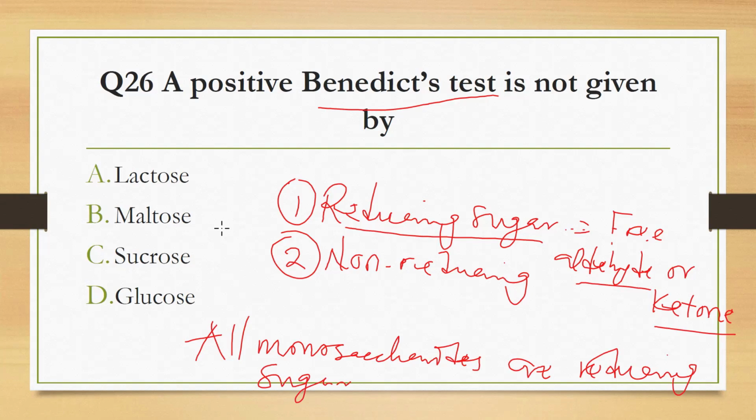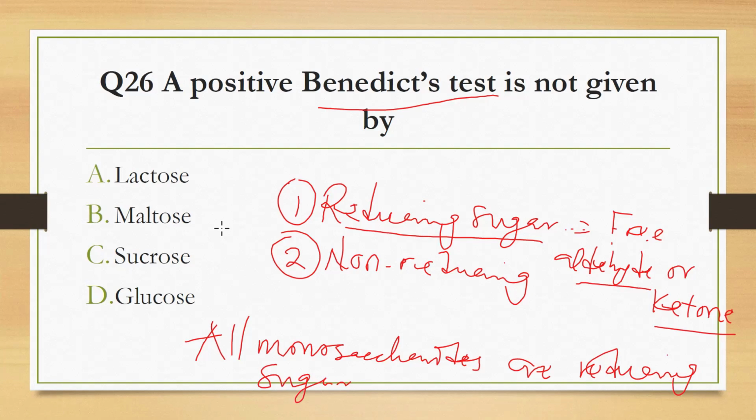And of course, some of the disaccharides are also reducing sugars, because there is a situation where the aldehyde and the ketone functional groups will be involved in the formation of the glycosidic bond.